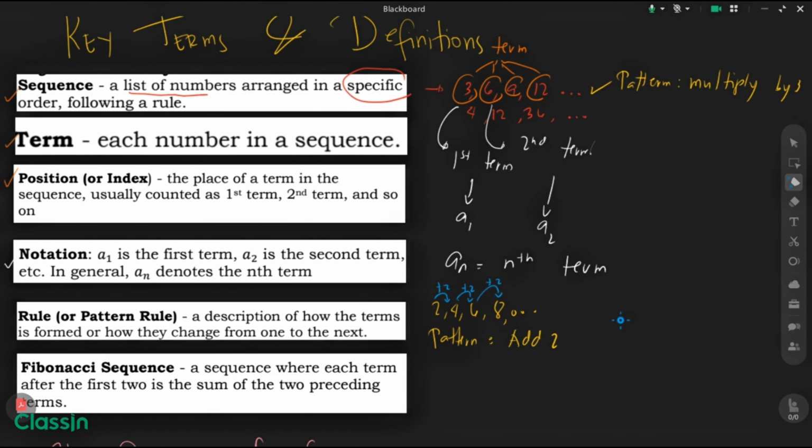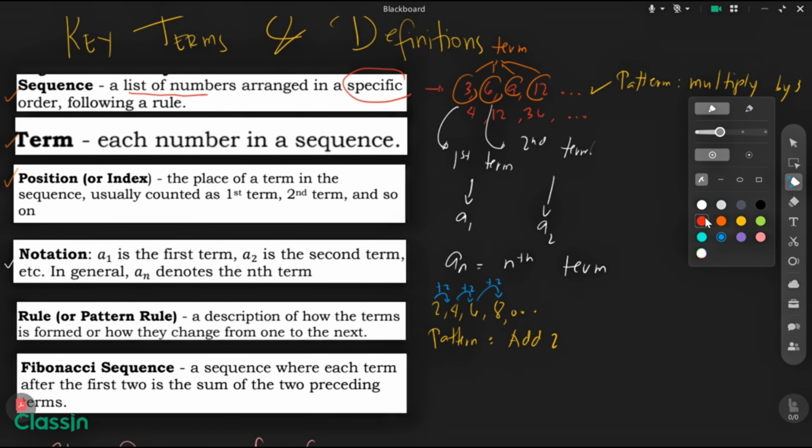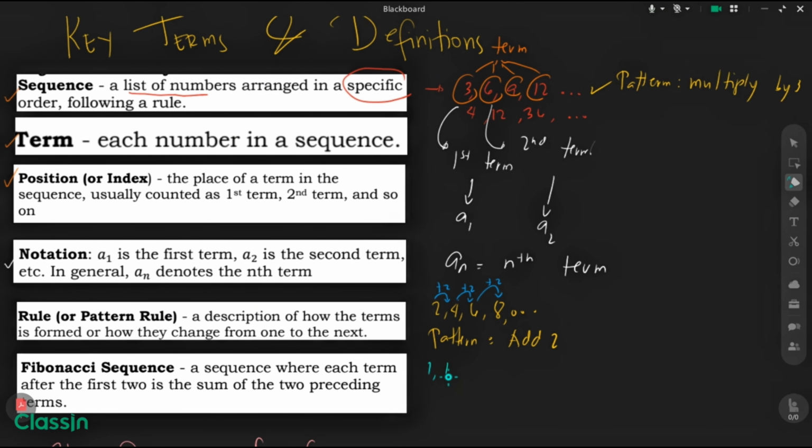For the last one, we have a Fibonacci sequence. So when we say Fibonacci sequence, it is a sequence where each term after the first two is the sum of the preceding terms. For example, we have 1, 1, 2, 3, 5, 8, 13.